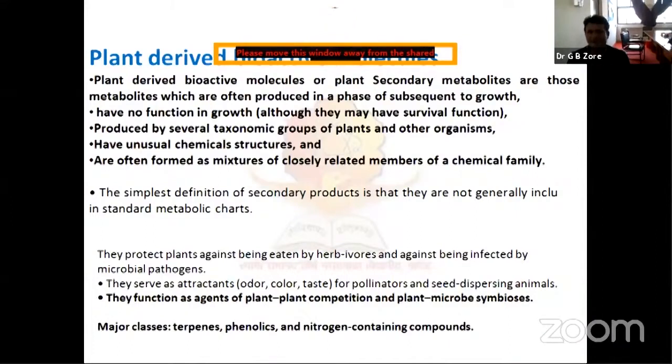So plant-derived bioactive molecules or plant secondary metabolites are metabolites which are often produced in a phase subsequent to growth. They have no function in growth and development, and these secondary metabolites are produced by several taxonomic groups of plants and other organisms. They are very diverse structurally, and also present in mixtures of several closely related, structurally similar molecules.